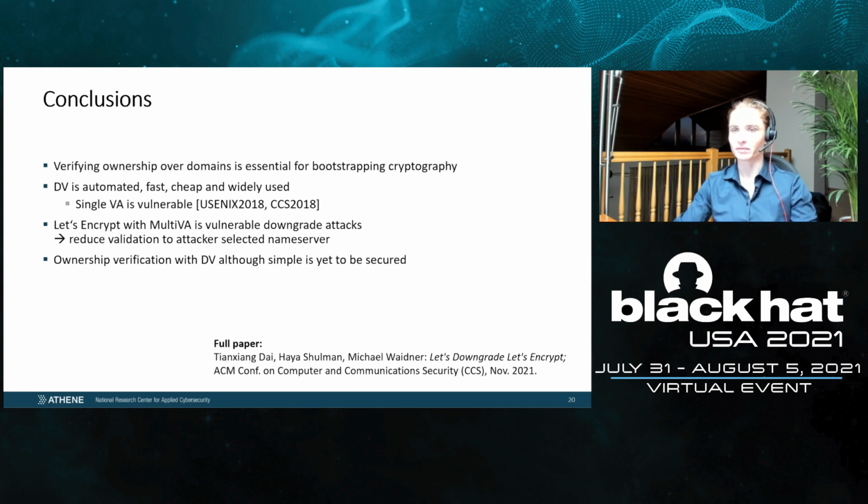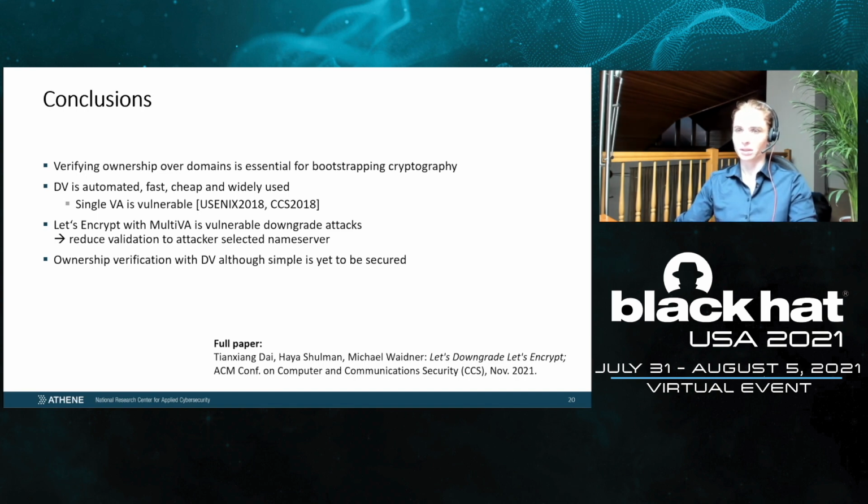Now, after forcing the VAs of Let's Encrypt to query a single name server that resides on a network vulnerable to sub-prefix hijacks, we carried out attacks and successfully issued fraudulent certificates for 10% of the domains in our dataset. Our work shows that domain validation, although simple, is not yet a resolved problem.